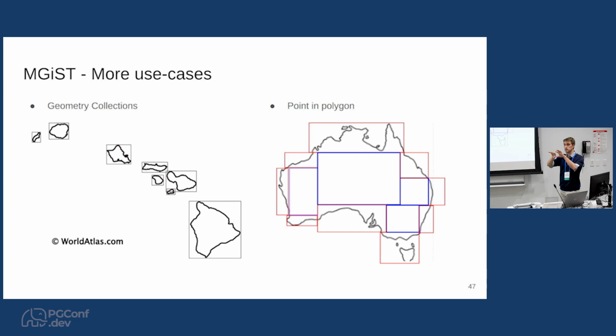And the red boxes are the ones that are on the edge. And so when querying the index that stores these polygons, these bounding boxes, these rectangles, if your point of the point in polygon query falls in a blue one, you can say, I know I'm inside a polygon. I don't need to recheck. And you can reduce this recheck, this expensive part, quite a bit.